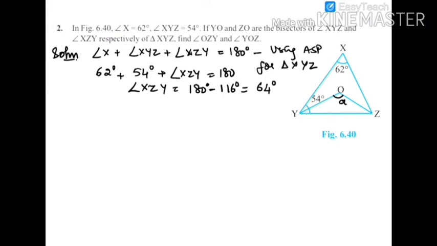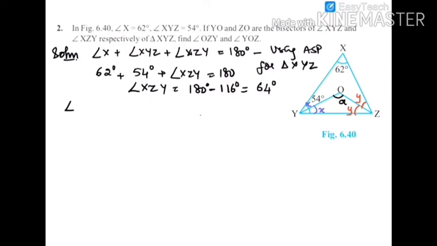It is given in the question that YO is an angle bisector of angle XYZ. So it divides it into two equal parts. Let us mark each part with some variable, say x. Likewise, ZO is an angle bisector of angle XZY. So angle XZO should be equal to angle OZY, and we will mark these parts as y.